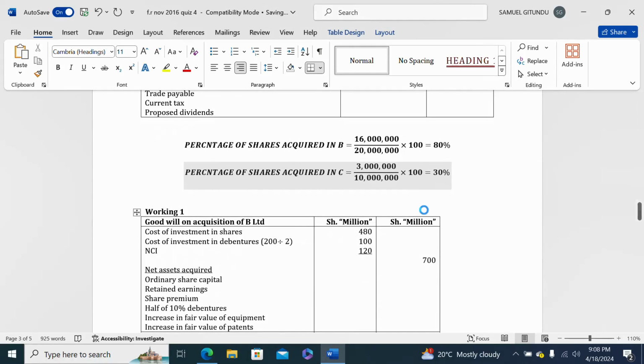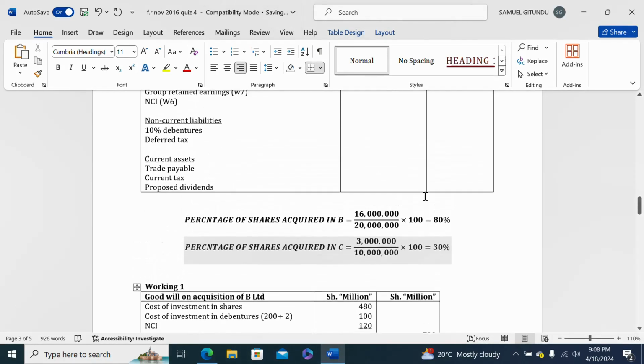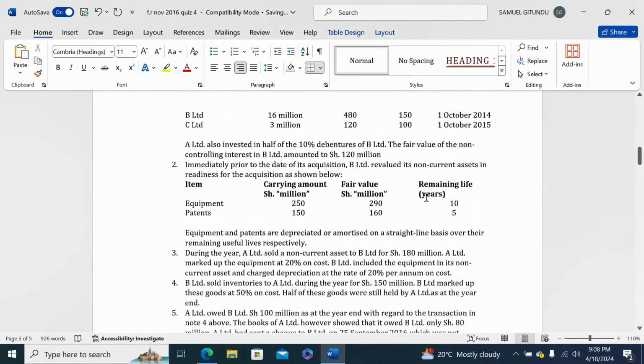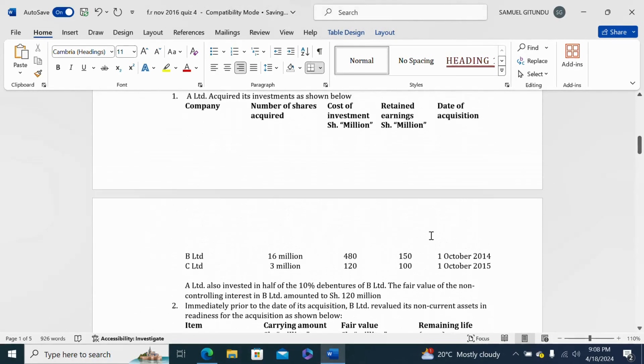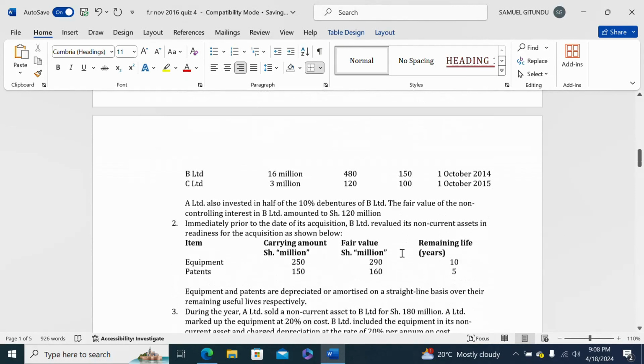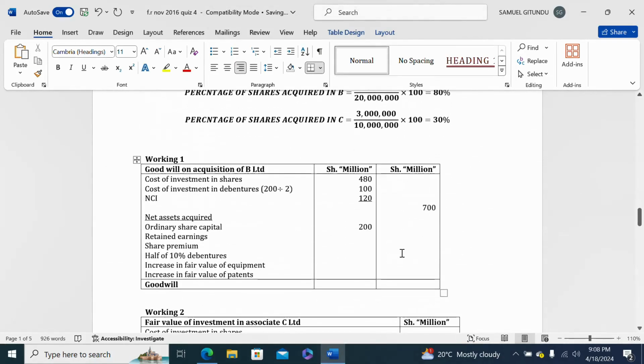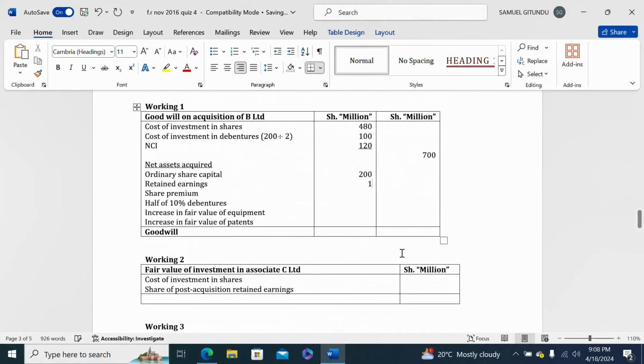Then we go to the retained earnings. We have been told it was 150 million.